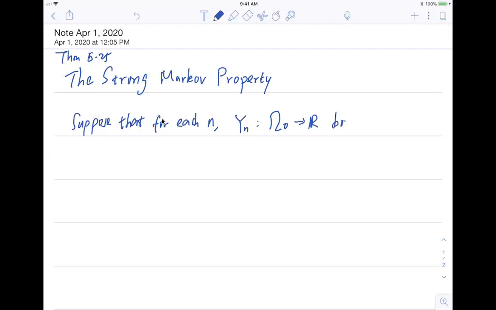Omega 0 here is just our sequence space, S to the N, where S is the state space. So Y_n is a sequence of bounded functions defined on omega 0.